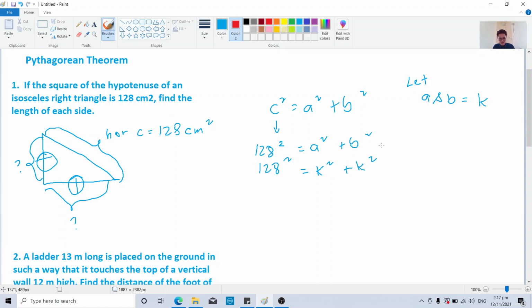Then simplify: 128 squared is equal to K squared plus K squared, that is 2K squared.